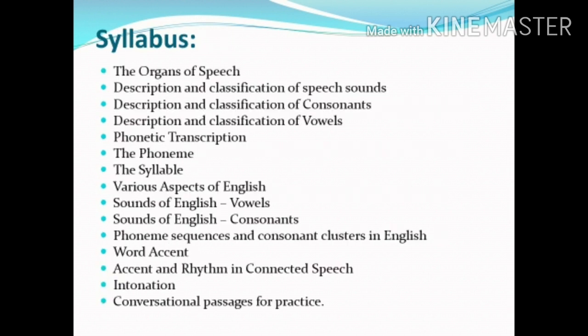Now, let us have a look at the syllabus components.